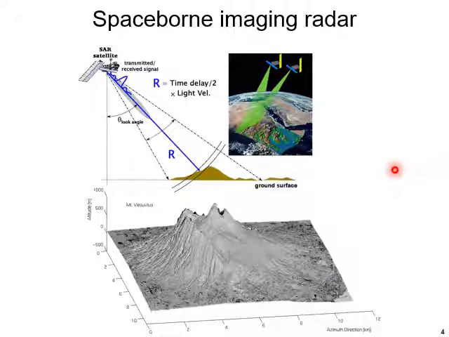This is an example of a spaceborne imaging radar. Here the radar transmits some pulses, and based on that it produces the image of the ground or whatever we want. We can map our entire earth with the help of this type of spaceborne imaging radar.